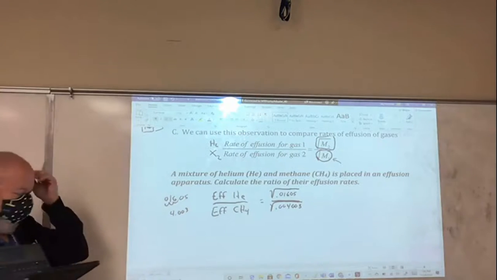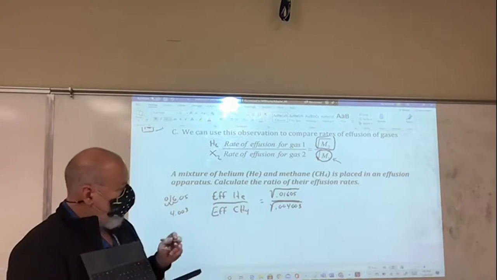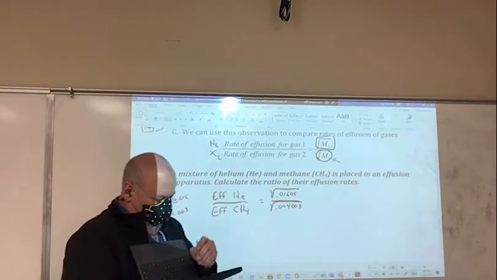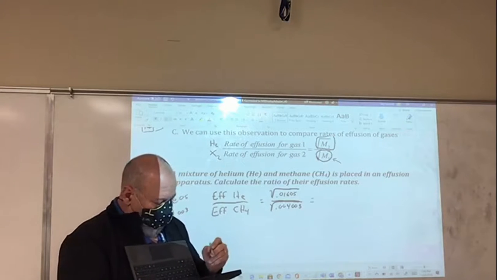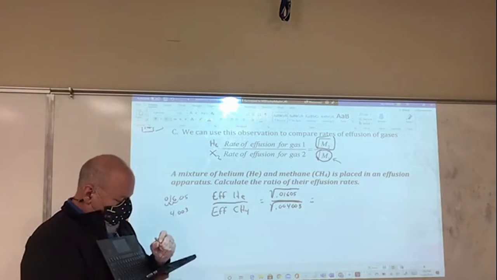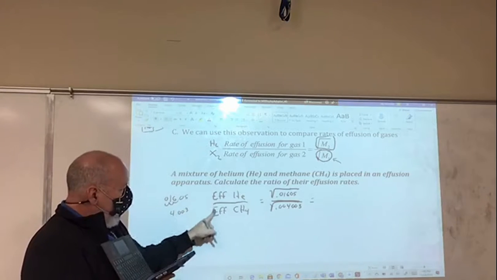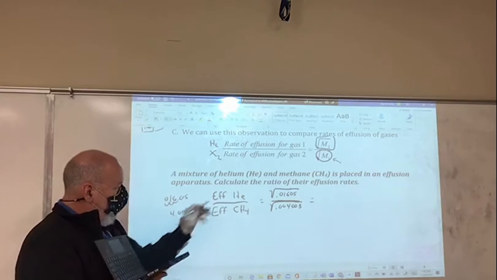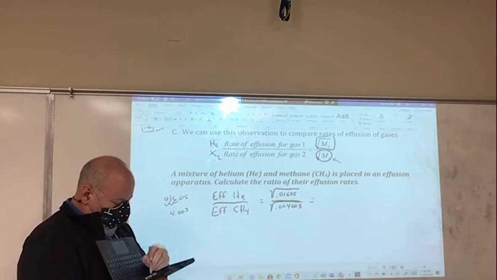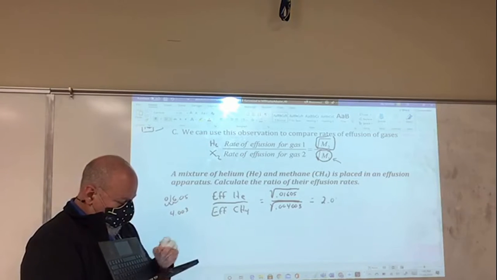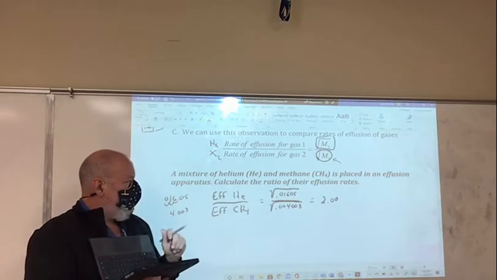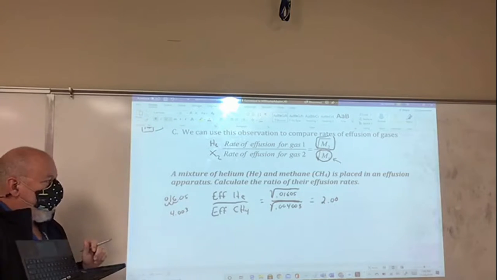Okay, so what I find out then, and in hindsight this should make sense, is that the rate of effusion from helium to methane should be about 2.